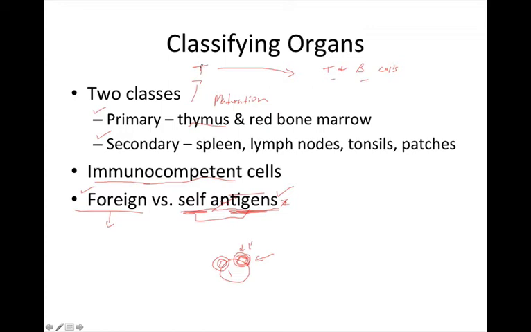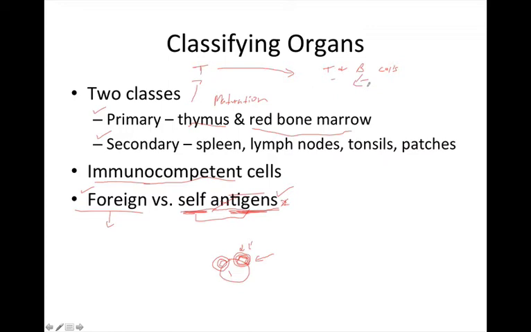Now, obviously, process of elimination would leave red bone marrow as the site where B cells are put to the test, where B cells mature or become immunocompetent. Again, you're going to want to think that because bone starts with B, that's why B cells are called that.